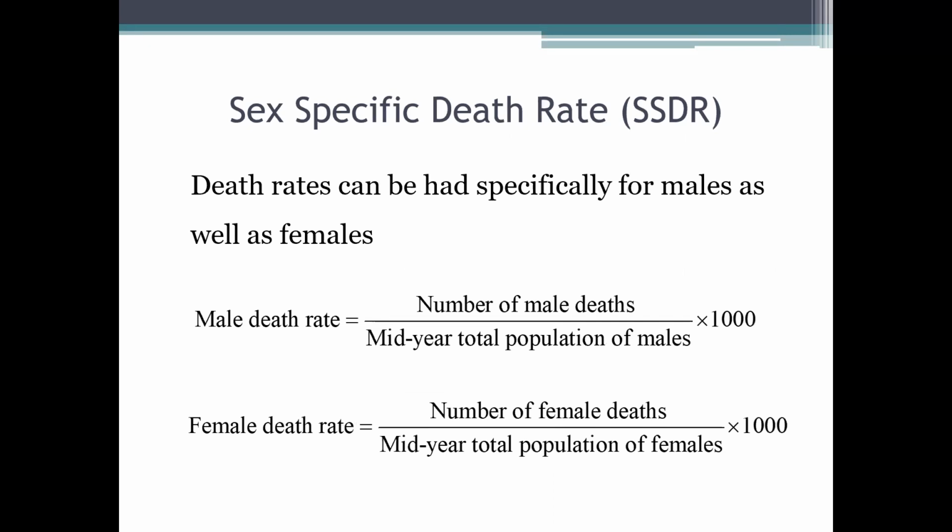To calculate sex-specific death rate, for male and female separately, we have a formula: number of male deaths divided by median total population of males, multiplied by 1000. At the same time, for female death rate, number of female deaths divided by median total population of females and multiplied by 1000. So this is the formula for sex-specific death rate.